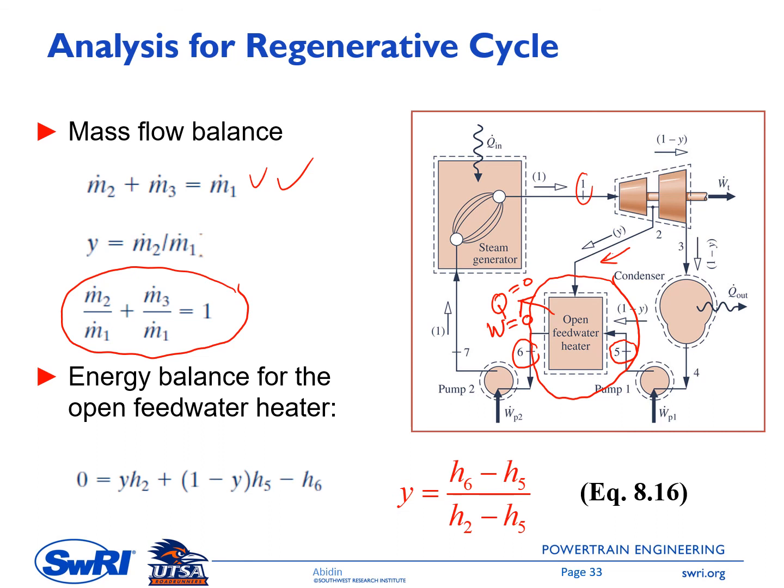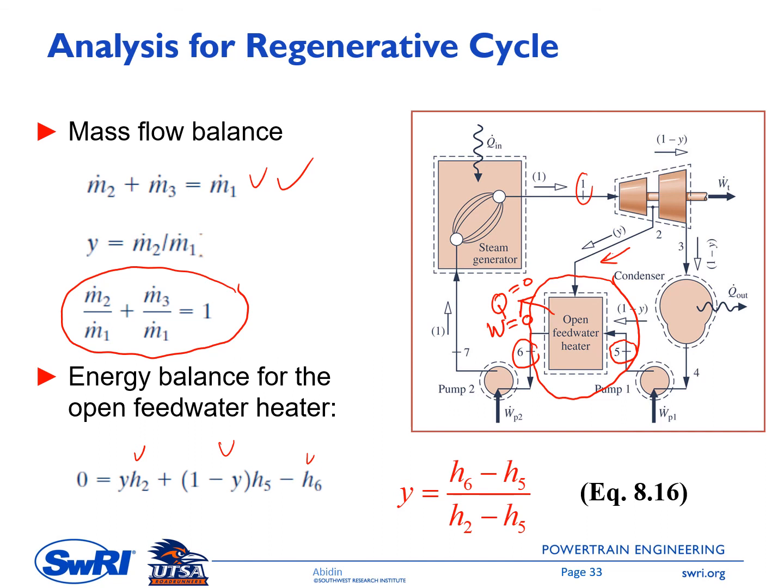And this is steady state, so there is no change of the energy inside the system. The inflow enthalpy is from point 2 plus the one from point 5. We divide each term here by m1, and then the outflow enthalpy is from point 6 here.